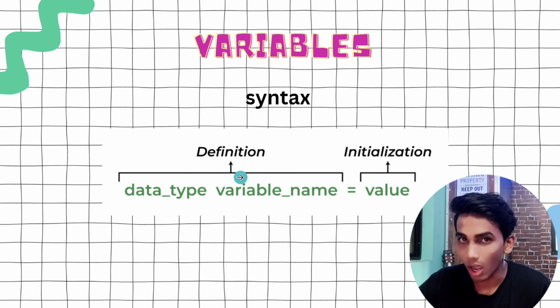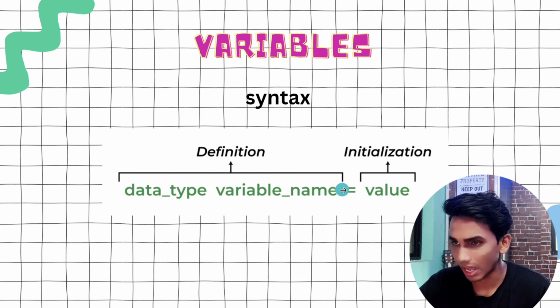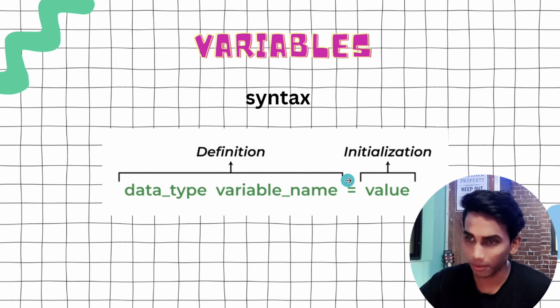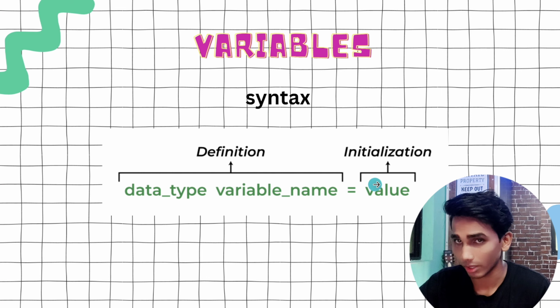Then the variable name, however you want to give it, but it must be a valid variable name. And this is an assignment operator. We'll be discussing operators in later videos. For now, understand this is something which assigns the value on the right side to the left side, and this is the value whatever you want to give.